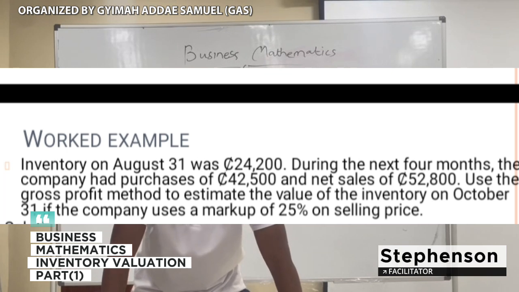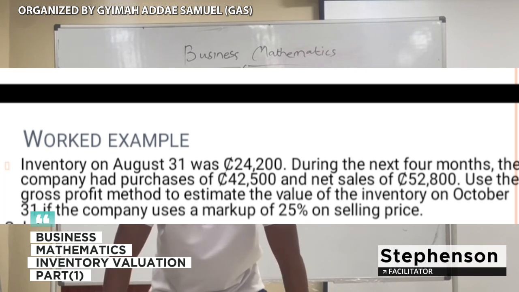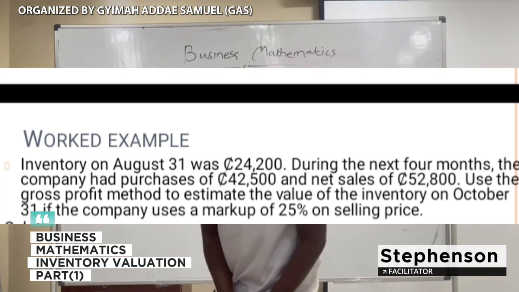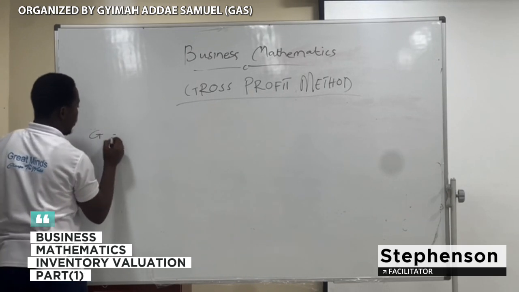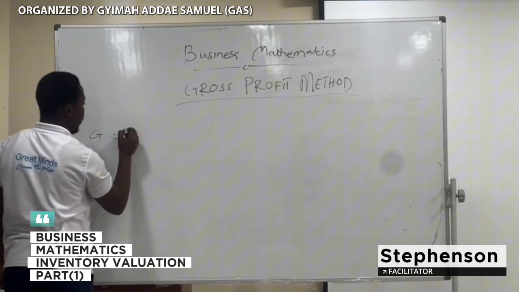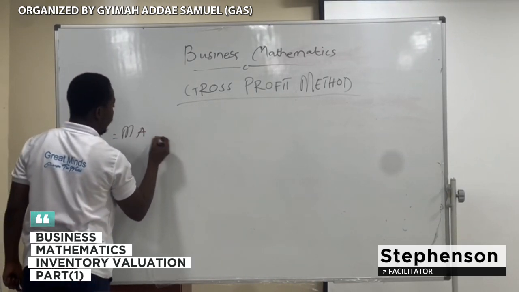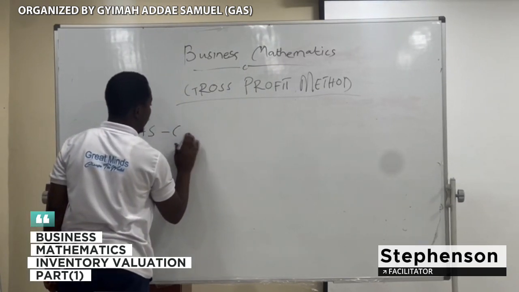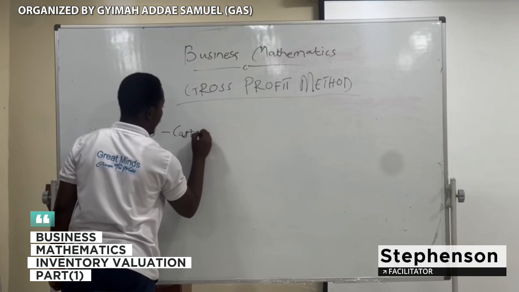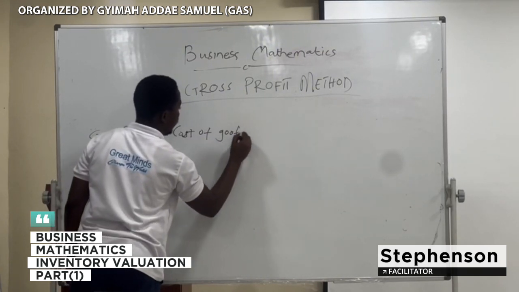Using the gross profit method to estimate the value of inventory on October 31st, the company uses a markup of 25% on selling price. So we know our formula for inventory using the gross profit method is merchandise available for sale minus cost of goods sold.